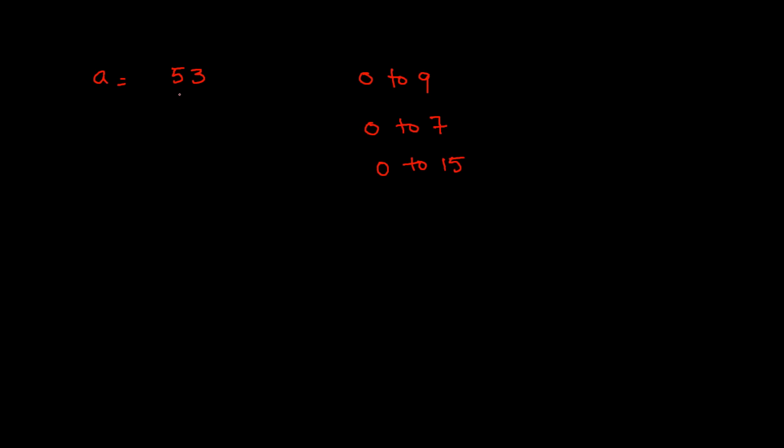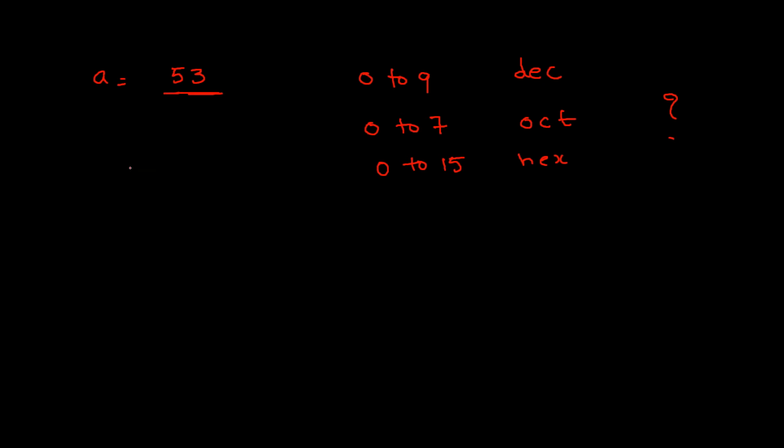Exactly. Now, is this number a decimal number or octal number or hexadecimal number? This is the question mark. So I am writing 53. The digits are in 0 to 9, 0 to 7, 0 to 15. Now 53 is decimal or octal or hexadecimal.